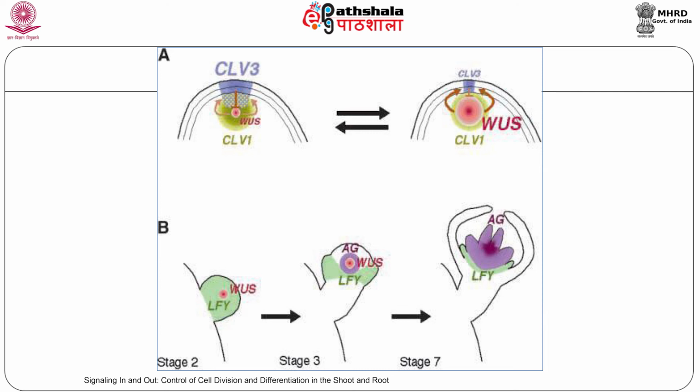The shoot apical meristem, that is SAM, is the source of cells for all aerial organs produced after germination. The SAM is first formed at the globular stage of embryogenesis and develops into a dome shape in the mature embryo.